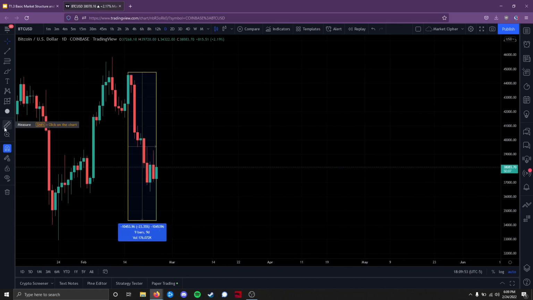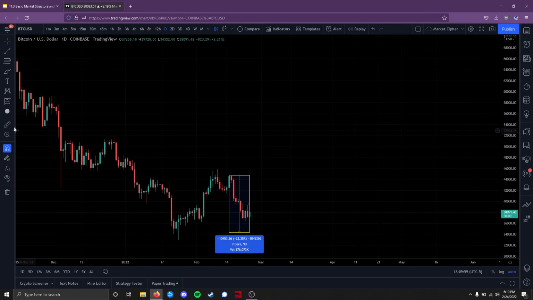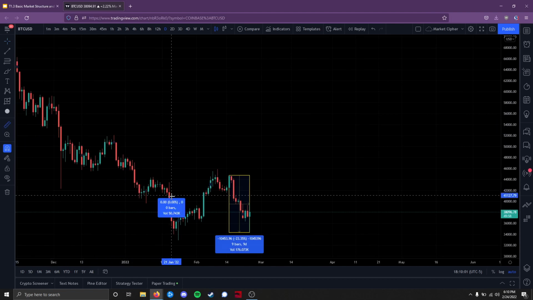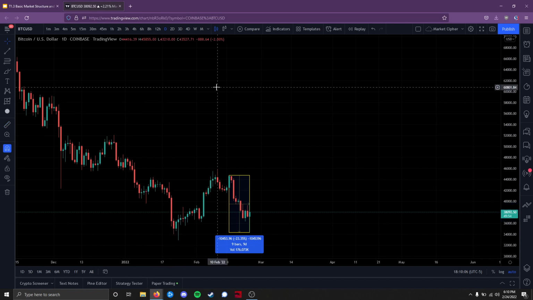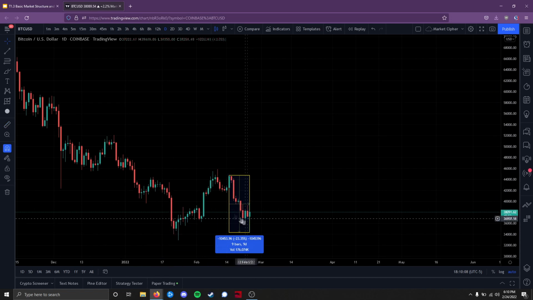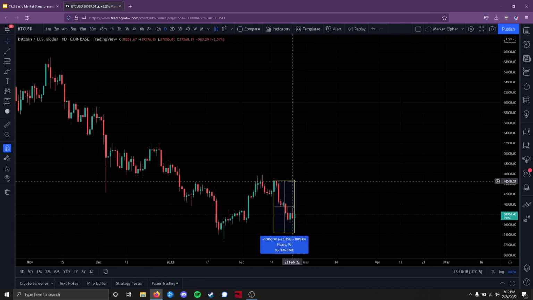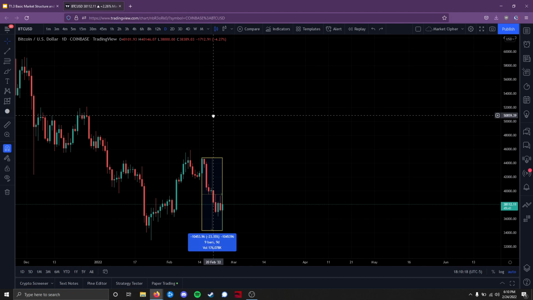So I find that the measuring ruler is good for temporary, just quick examples. All right, I want to see how much of a drop was this? This is 13%. All right, and then if I click, it's gone. This is a much more permanent one. I mean, you can always delete these, right? But if you wanted to maybe take a screenshot for your friends or post it on Twitter, this is really what's advised to use.